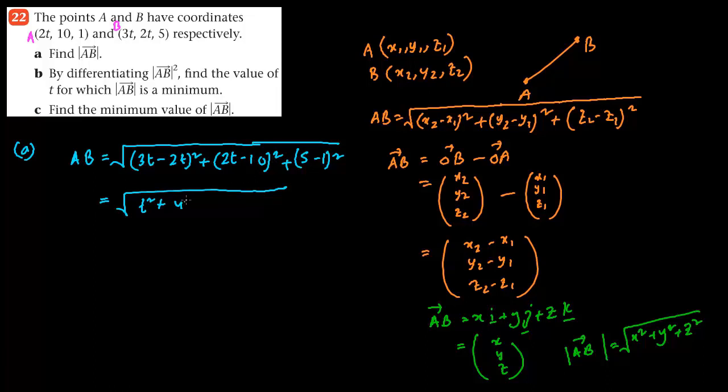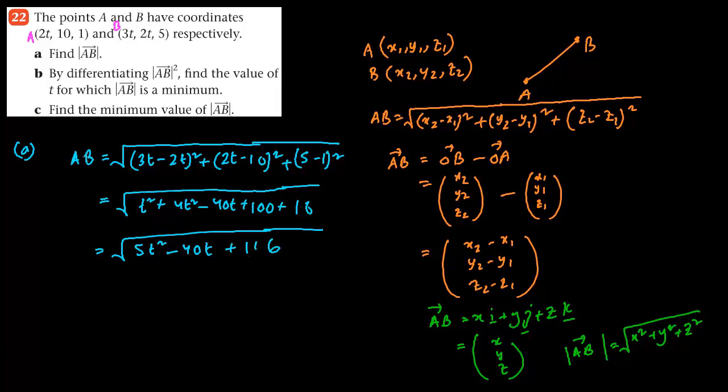So 2t squared is going to be 4t squared minus 2ab, 2 times 4 times 10 is 40t, plus b squared, which is going to be 100, plus 5 minus 1 is 4, 4 squared is 16. If we further simplify, this is going to be t squared plus 4t squared is 5t squared minus 40t, 100 plus 16 is 116. So this is how we can directly do it.